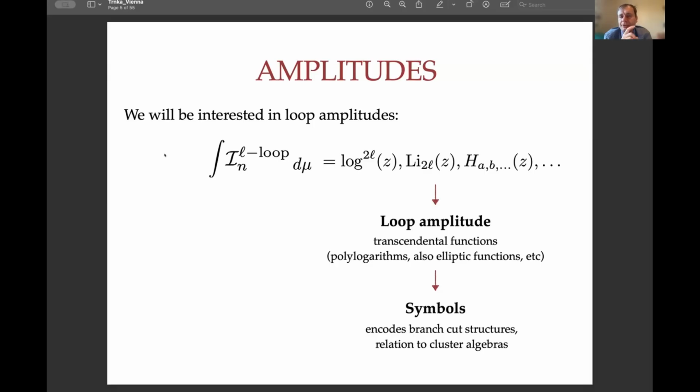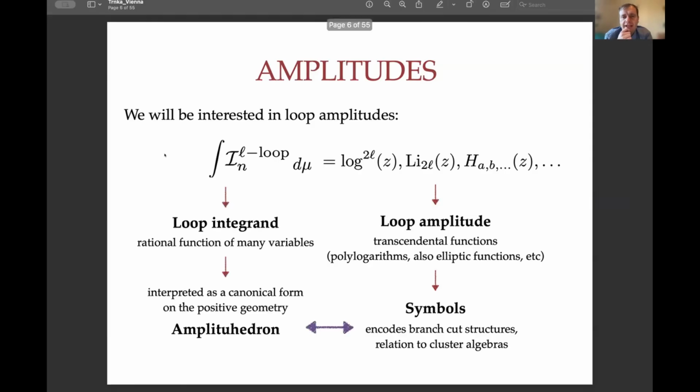And there is a close relation to a different type of mathematics, to cluster algebras. This is something I will not discuss in detail, but we will use the symbols and we'll show a lot of symbols at the end of the talk. And the point would be to relate the properties of the integrand and the Amplituhedron geometry to what we see in these transcendental functions and also in the symbol.